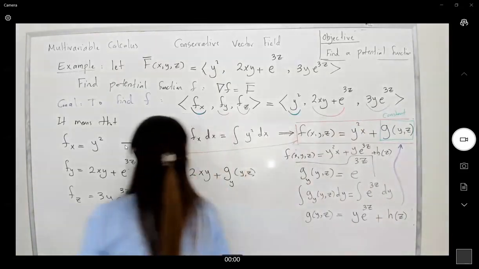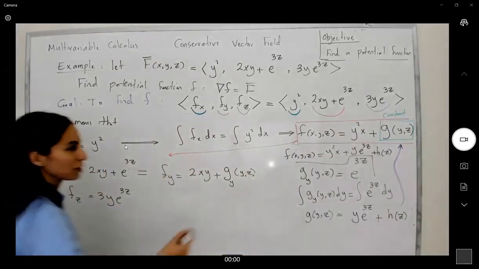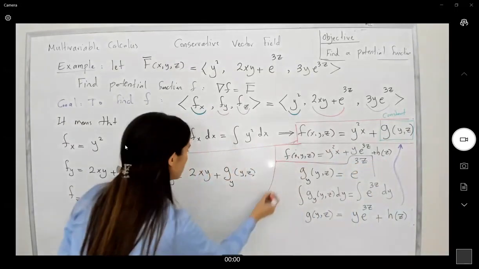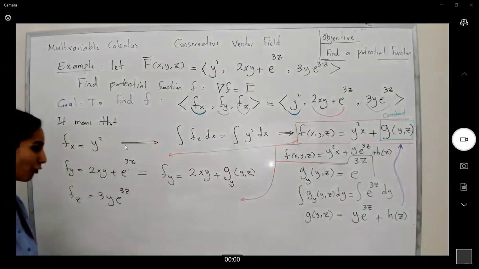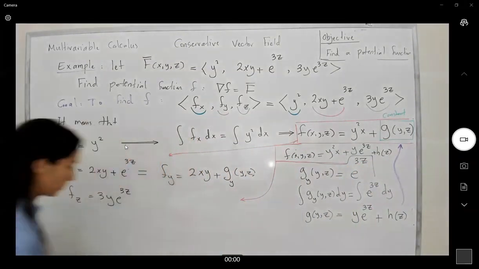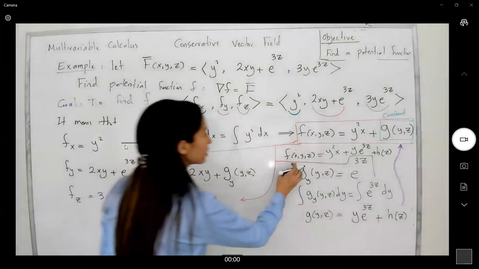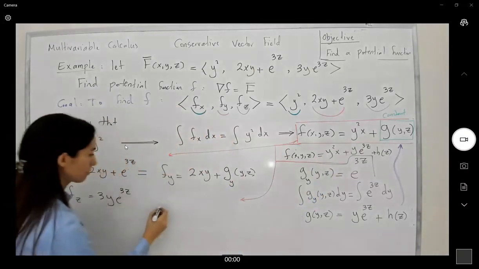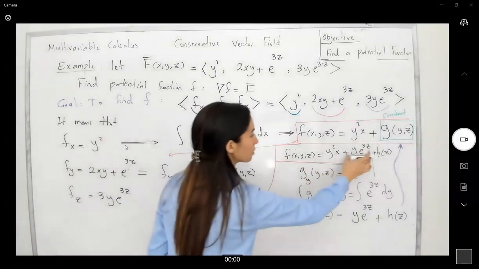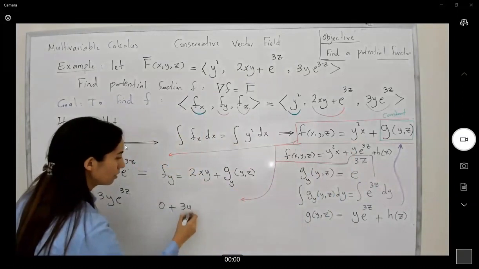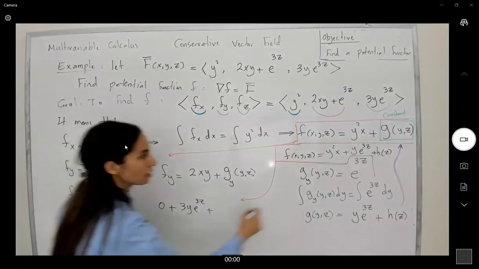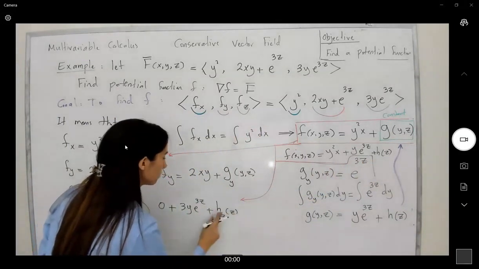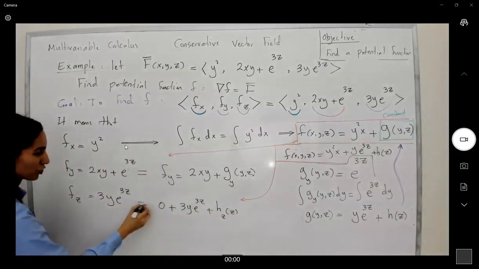Okay, let's take the derivative one more time with respect to z, set them equal to each other and solve for h of z. So the derivative with respect to z, this is going to be 0 plus the derivative with respect to z, 3y e to 3z, plus the derivative of h with respect to z. These two must be equal to each other.